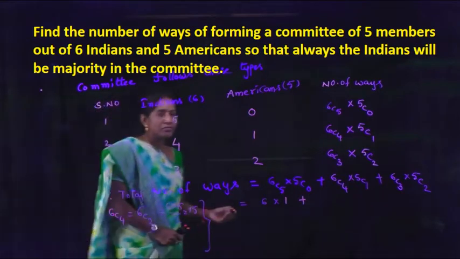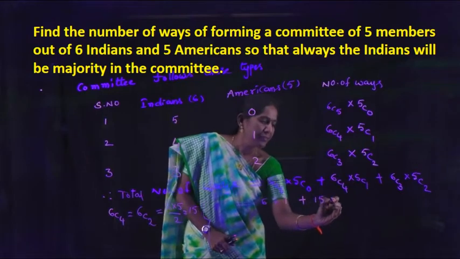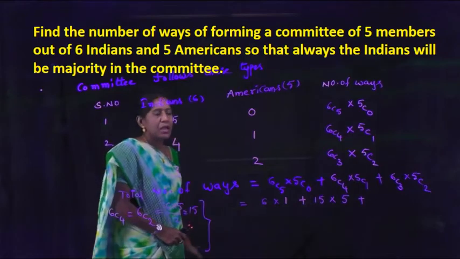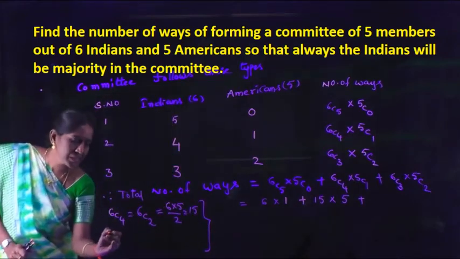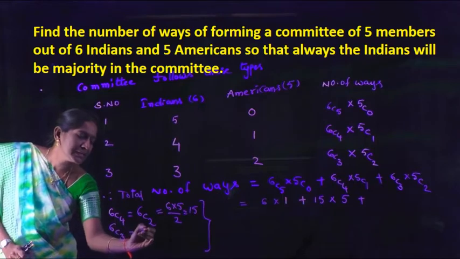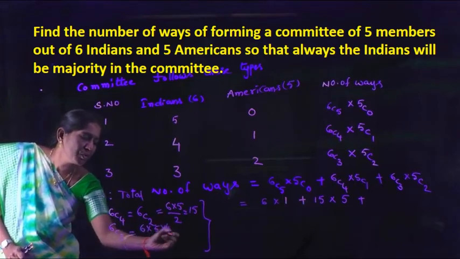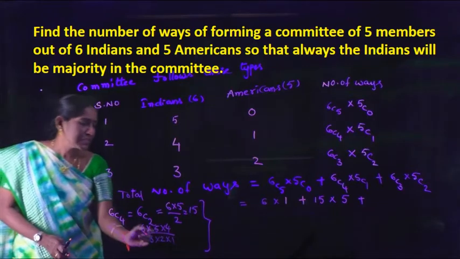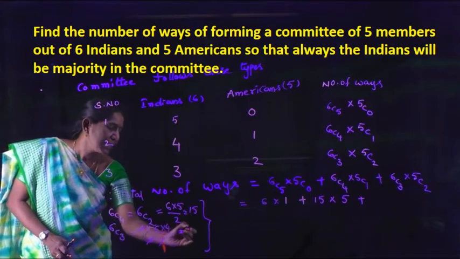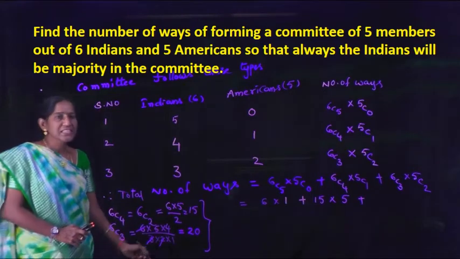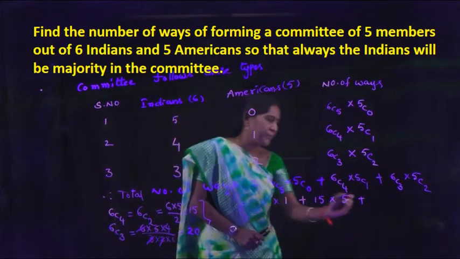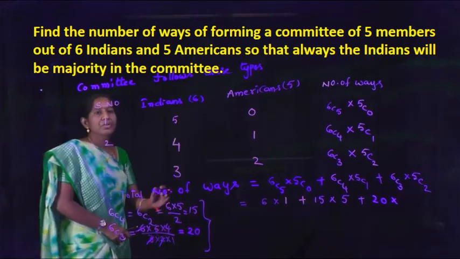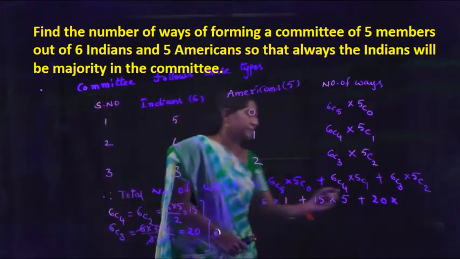So the value of 6C4 is 15, into the value of 5C1 is 5, plus the value of 6C3, that is 6 into 5 into 4 by 3 into 2 into 1. Then the 3 into 2 get cancelled, the remaining value is 20. So the 6C3 value is 20, into the value of 5C2, that is 5 into 4 by 2, the value is 10.